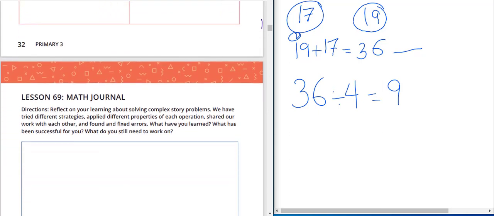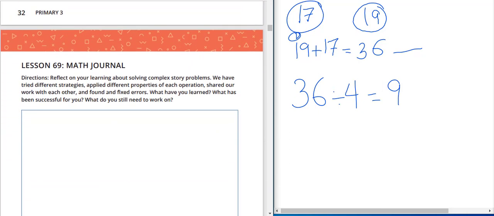Next page, math journal. Reflect on your learning about solving complex story problems, meaning 2-step or multi-step problems. As we solved the previous exercises, we tried different strategies, applied different properties of each operation, shared our work with each other, and found and fixed errors.